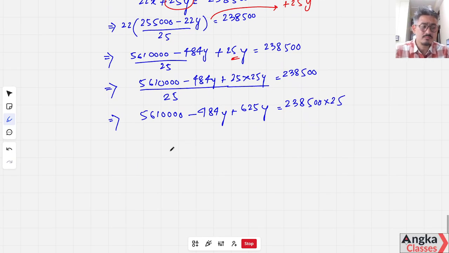What do we have? We have 5611234, and 625 minus 484 gives 141y, which is equal to 5962500.